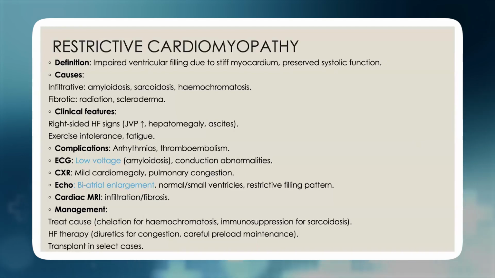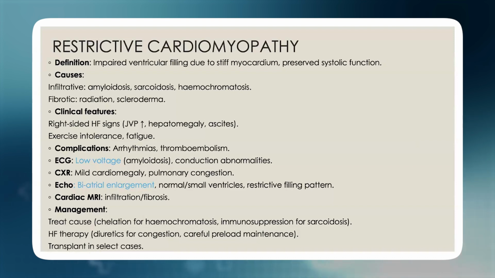So in MRCP part 2, they will give you these clues. There is biatrial enlargement, normal or smaller ventricles, a restrictive filling pattern on echo Doppler, and sometimes a thickening of the interatrial septum. There will be AF that can be detected either in ECG or echo.